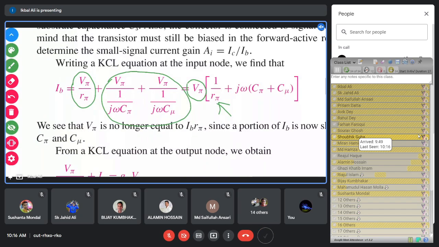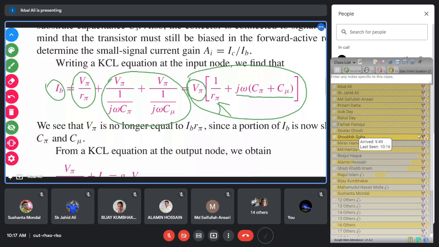So you take V pi common, then it will be j omega into C pi plus C mu. So this will be the expression for IB, the input signal current at the input node, obtained by applying KCL.